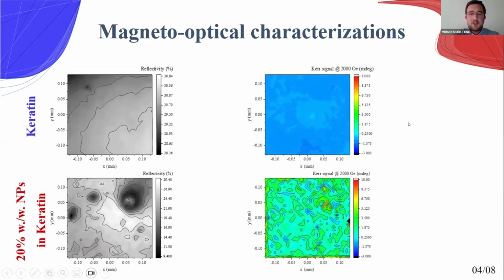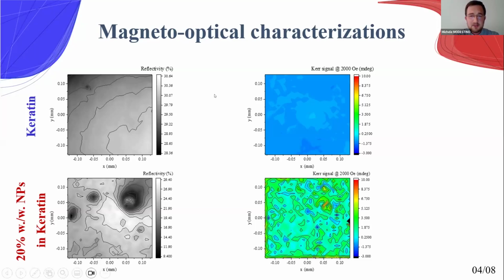First, we started by comparing the reflectivity maps with the maps obtained by considering the Kerr signal at 200 Hz. To obtain these maps, we performed a loop with AC fields for each pixel of the maps, with a distance between pixels of 5 micrometers.